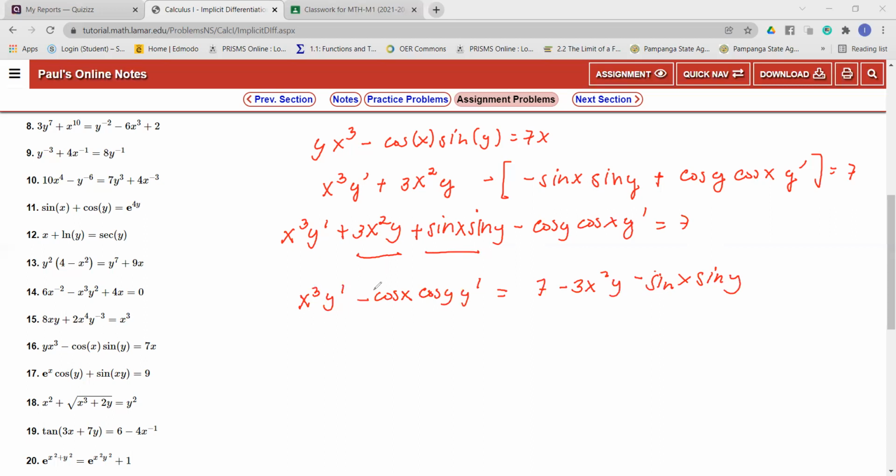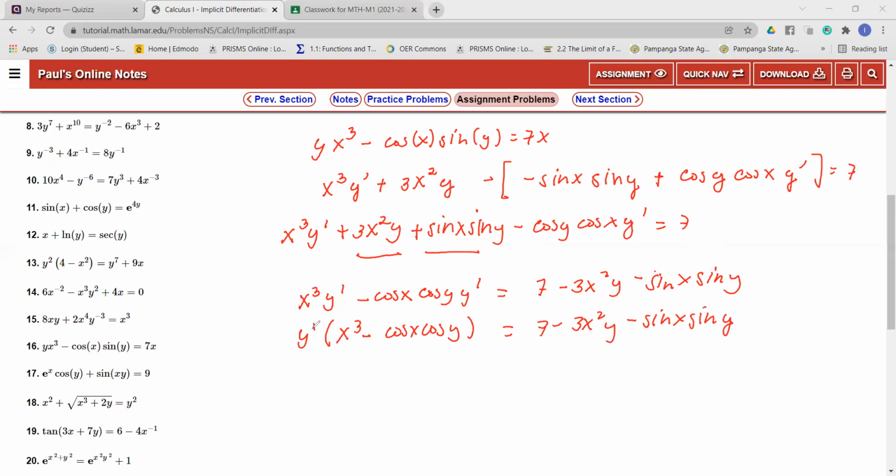Then you can factor out y prime multiplied to (x cubed minus cosine x cosine y) equals 7 minus 3x squared y minus sine x sine y.